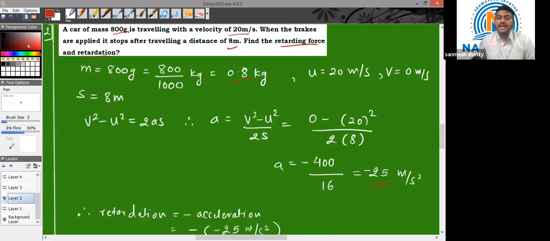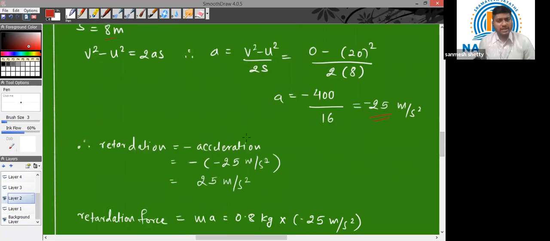Now we need retardation. We have learned in our previous classes, during our JE lectures also, that retardation value is equal to the negative of acceleration. Minus of acceleration, which is minus 25 meters per second square, so the retardation value will be 25 meter per second square. Now we need to find the retarding force as well.